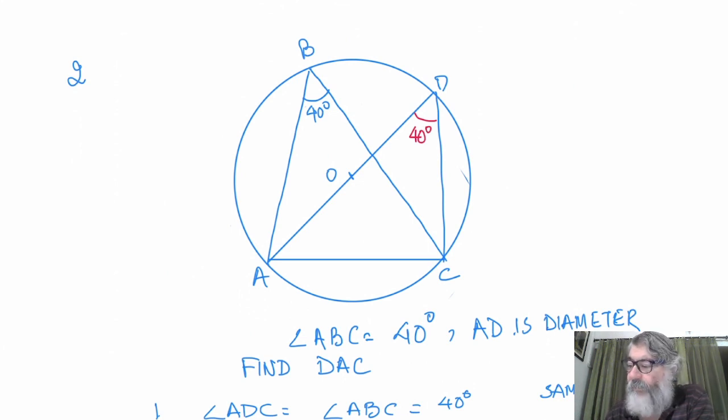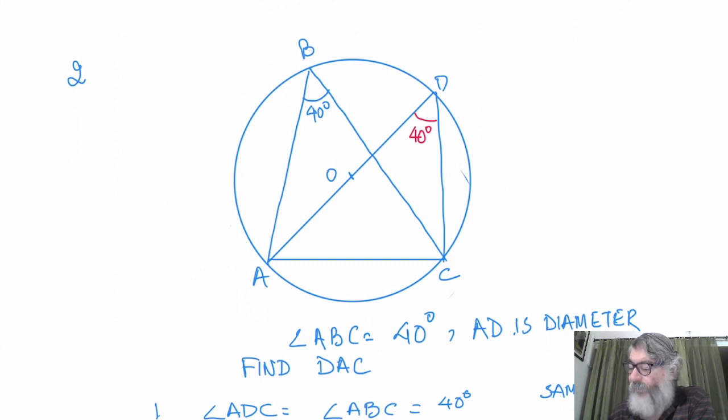Now let us see the next thing. Angle ACD will be 90 degrees. AD is diameter.